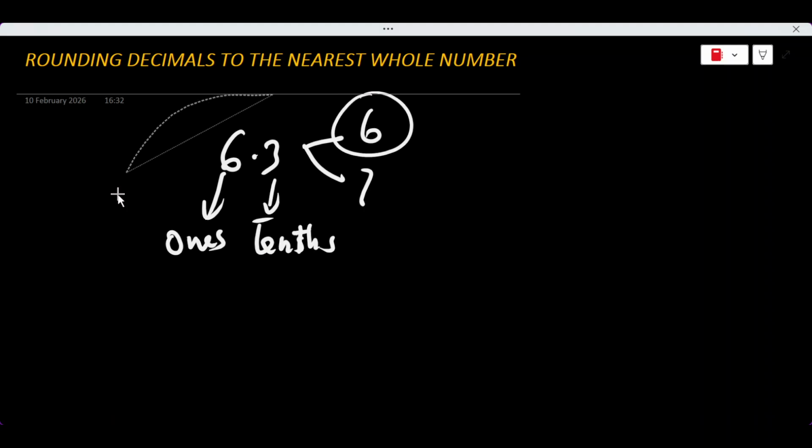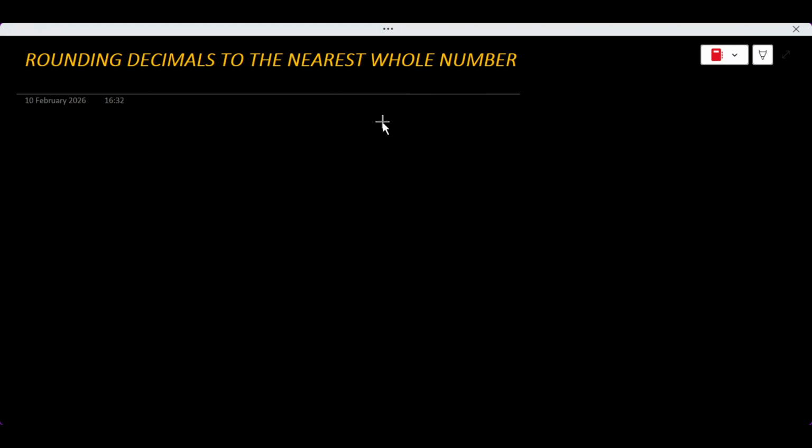All right, let's look at another example. Let us round 8.7 to the nearest whole number. First of all, let's consider the whole number digit. In this case, it is 8. And then the number immediately after it, which is at the tenths place, is 7. Now, this could give us two possible answers.